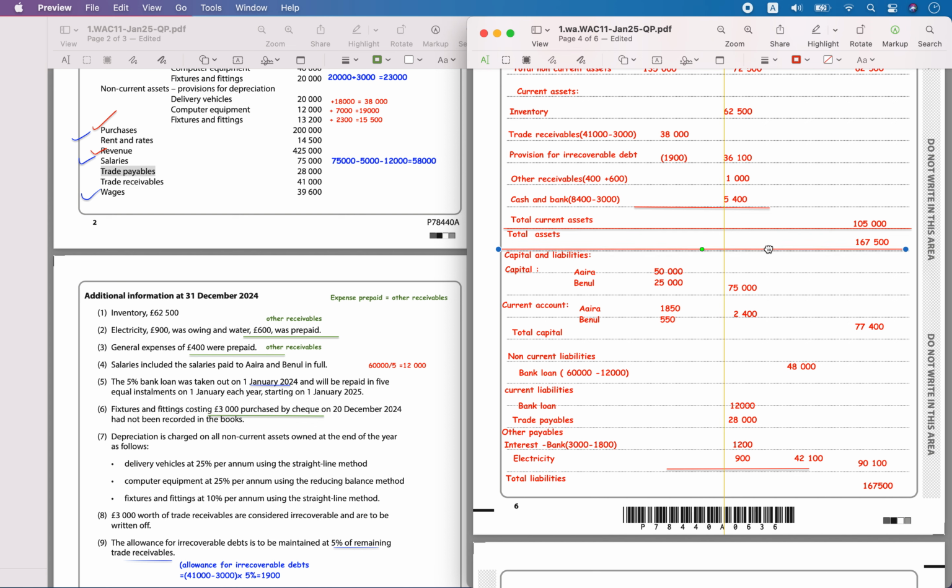So we can see that the total assets should become equal to total capital and liability put together.